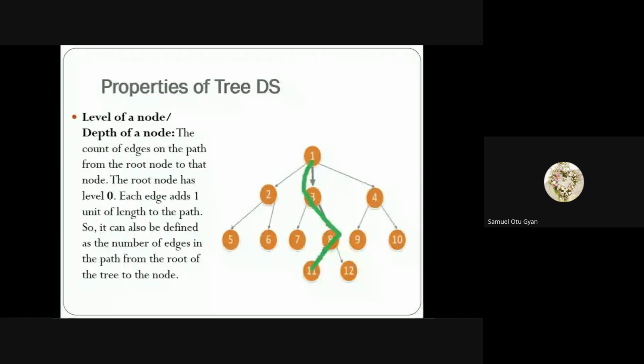Level 3. All right, so the depth of this particular tree is 3, because this is 0, 1, 2, and then 3. Or we could count these edges 1, 2, 3 as well.